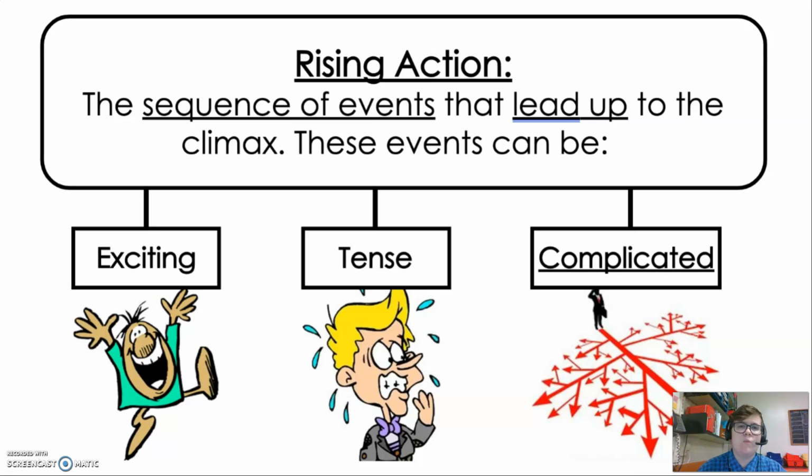So for example, on day 1, you go to A, B, C, D, E, F. And then the sequence on day 2 is B, E, C, D, F, A. The sequence on day 3 is E, F, C, D, A, B. And the sequence on day 4 is F, A, C, D, B, E. So the sequence is just the order that things happen. So when we're talking about the rising action, we want you to see the events as they happen in order.